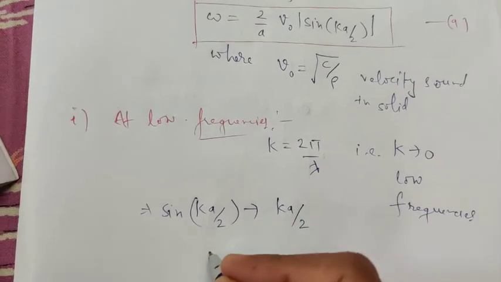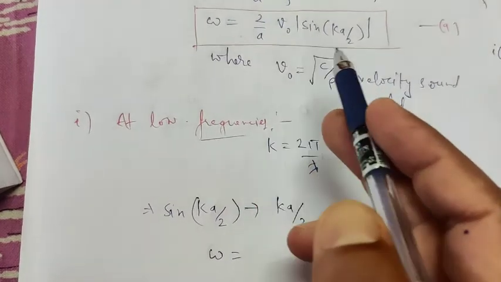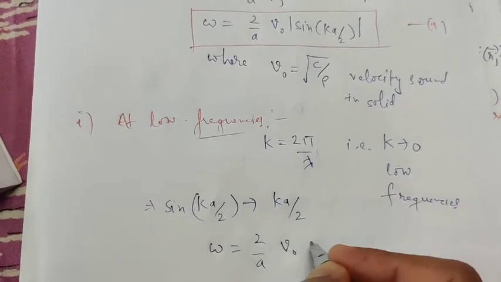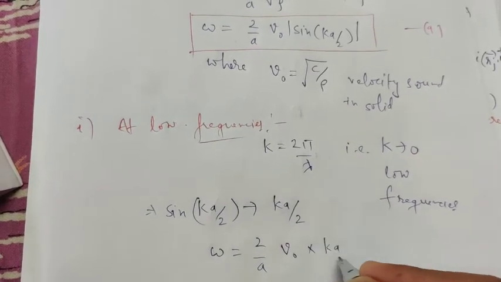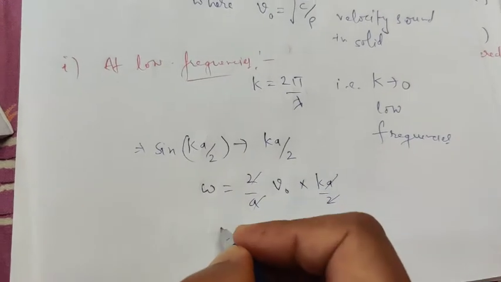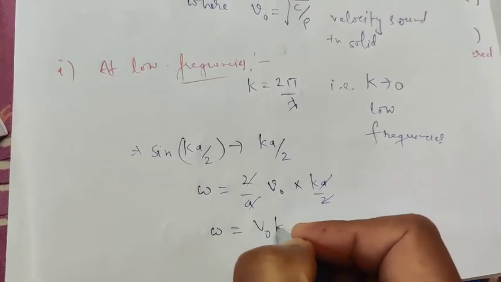Therefore omega in equation number 9 will become 2 upon a, 2 v naught into ka upon 2. So a cancelled, 2 cancelled. So omega is equal to v naught into k.